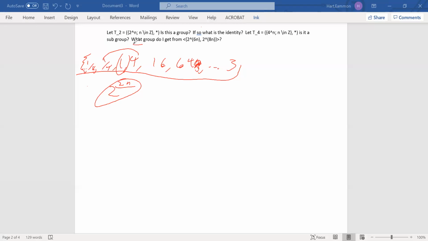So, what group would I get if I were to look at the group generated by 2 to the 6n and 2 to the, actually, let's just do 2 to the 6 and 2 to the 8. What group would I get using those two as generators?